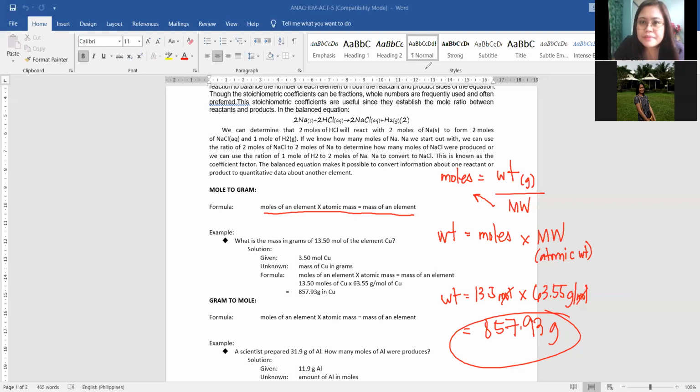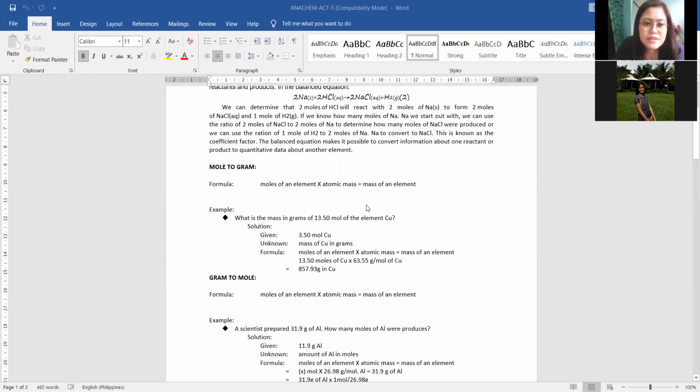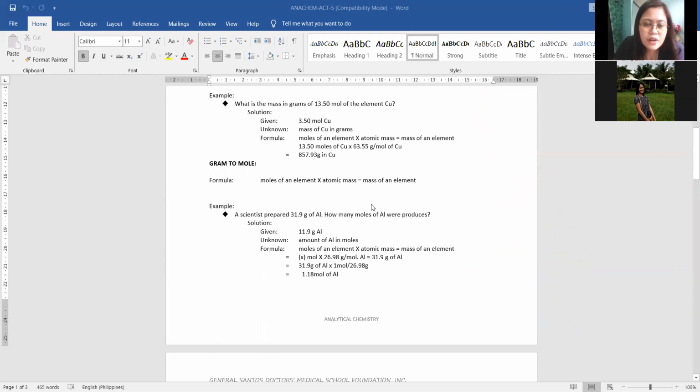Wala. So, ang next one sa stoichiometry is the conversion of grams to moles using the same formula. Okay? So, using the same formula, weight of the substance is equal to, let's use this one.